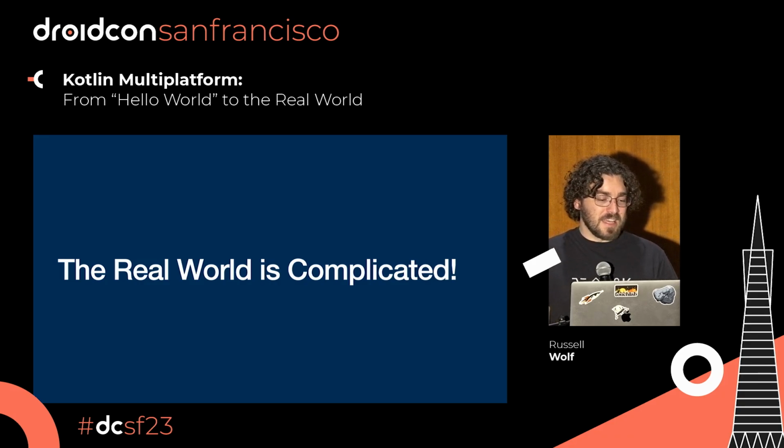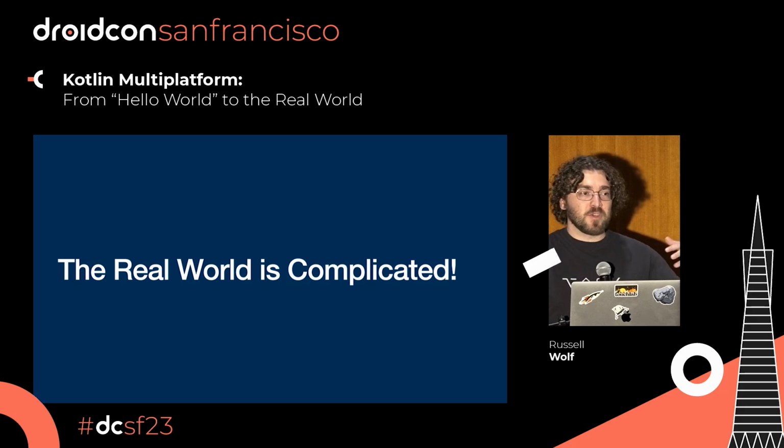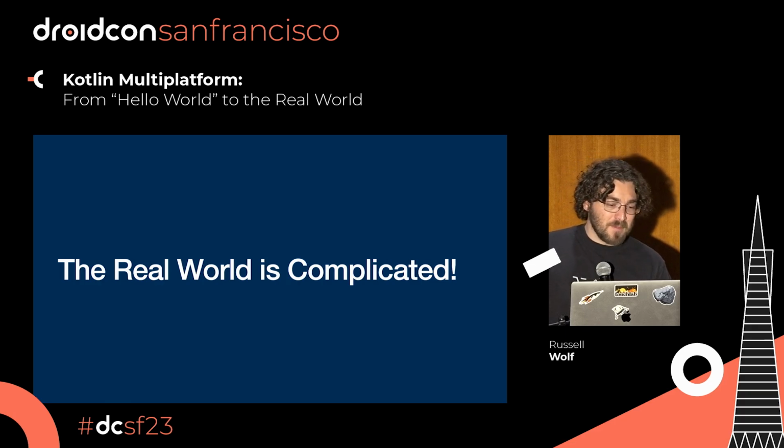And just to repeat some of the lessons, a lot of the things that come up around architecture, around building clean architecture and things like that, in your single platform apps are also really helpful in KMP. So things like separation of concerns, isolating your dependencies, different refactoring techniques with legacy code.